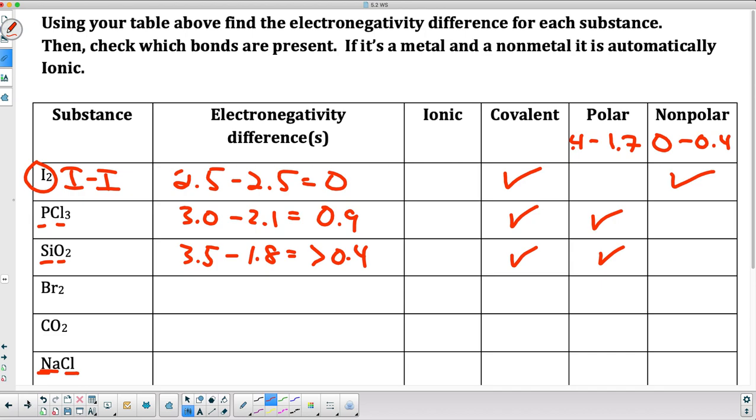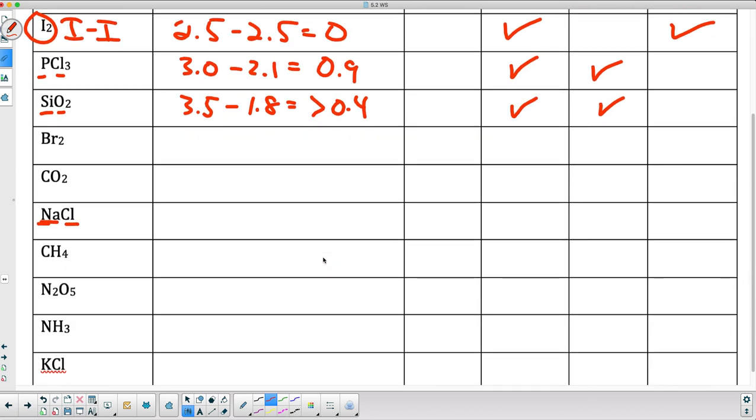So that means I don't have to do anything here. It's automatically an ionic bond, and I don't have to check any other boxes. So I just recognize that I have a metal connected to a non-metal, and that is enough for an ionic check mark.